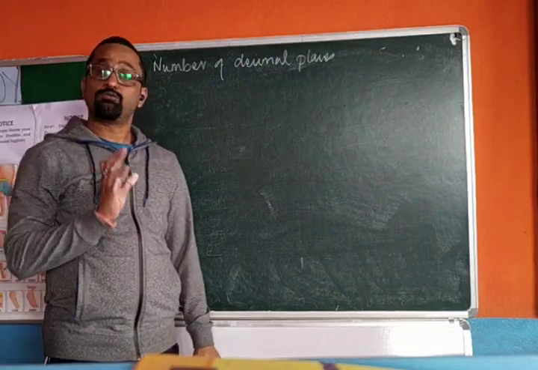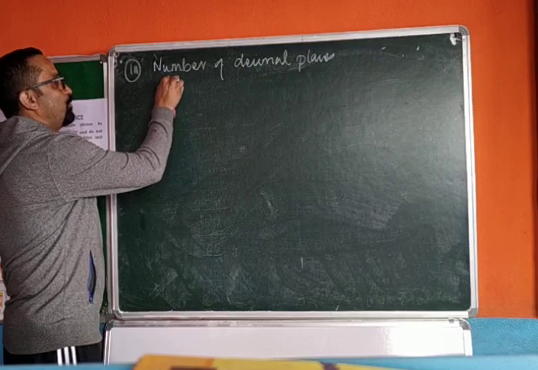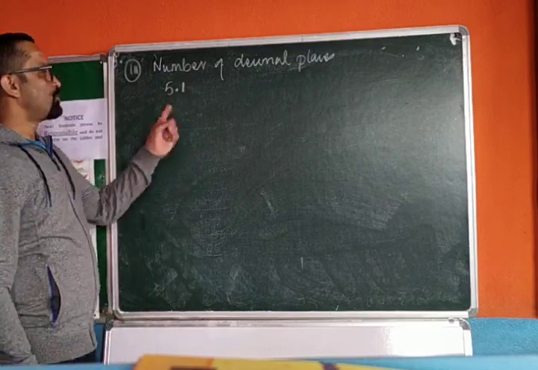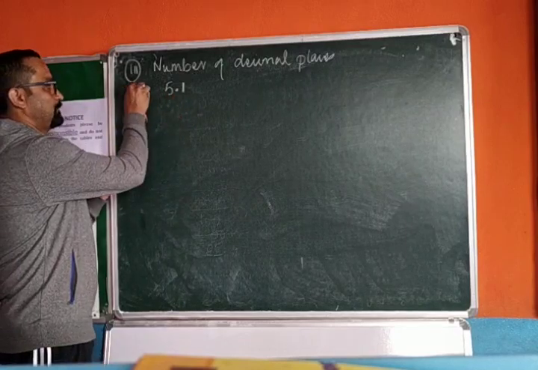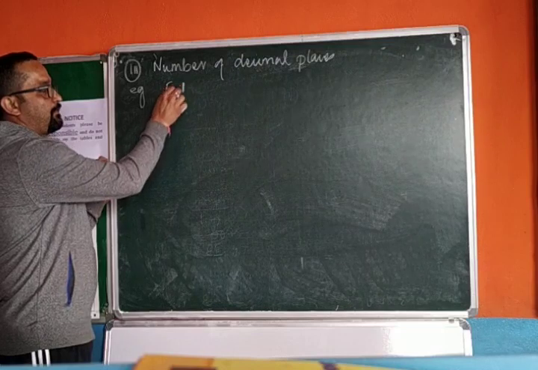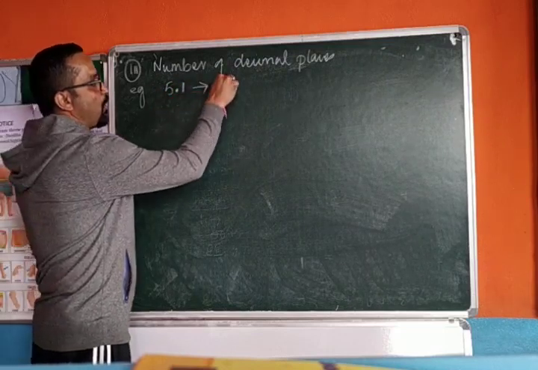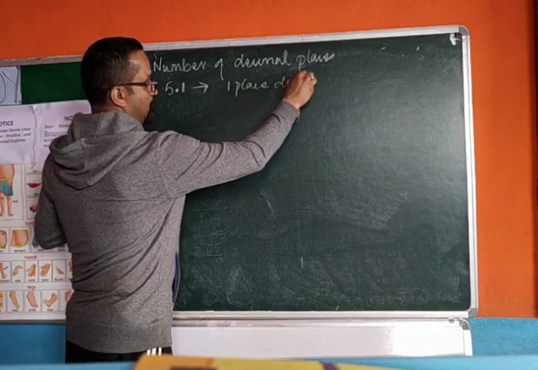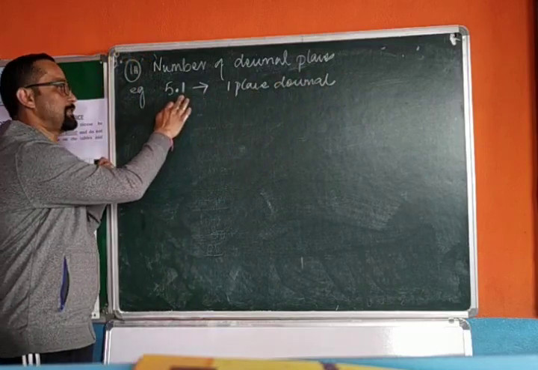You'll understand better with example. Suppose I write 5.1. You need to look at the digit after decimal. Decimal 1. So it is called one place decimal, because you have one digit after decimal.